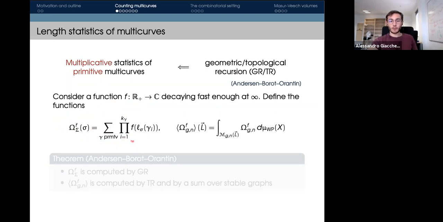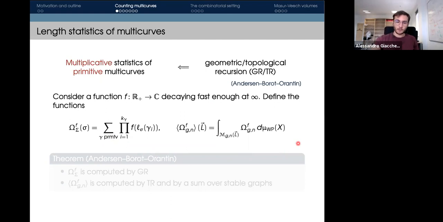And then you can take the product over all the components, and you take this function f that you fixed evaluated at this length. So if f is decaying fast enough, this function is actually well defined, and you can integrate it over the moduli space. So you can consider its average.